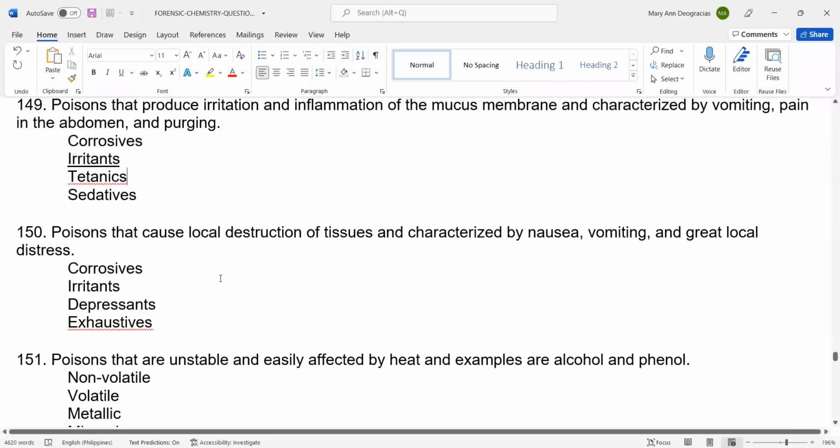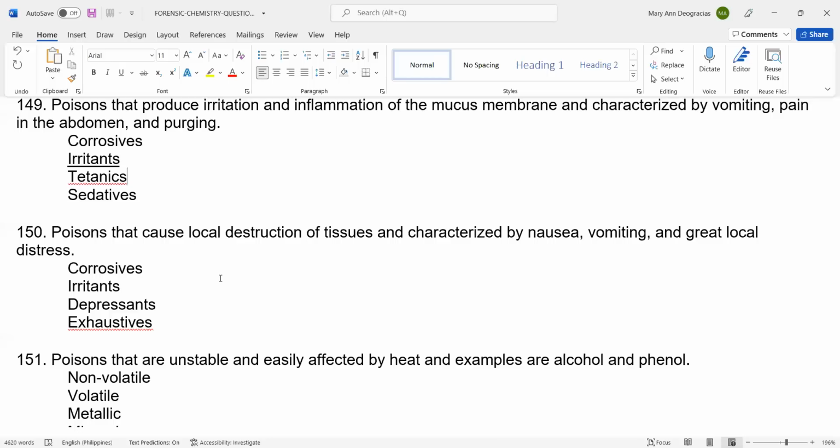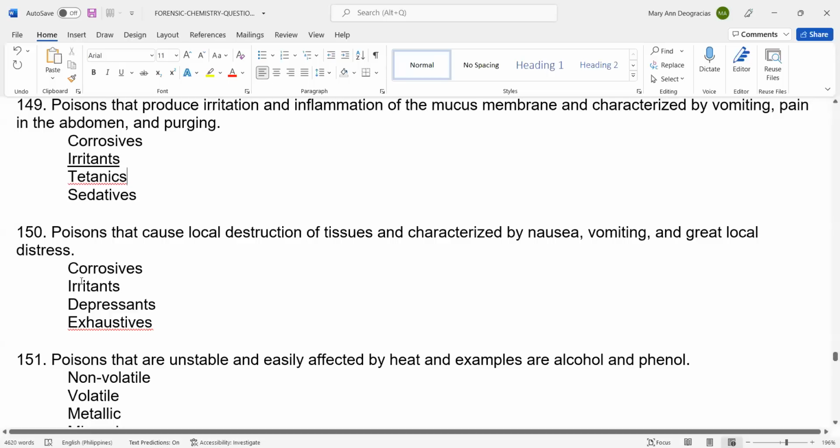Poisons that cause local destruction of tissues characterized by nausea, vomiting, and great local. Ito yung corrosive. So baka pagpalitin nyo si irritants tsaka si corrosives ha. Pag may nausea yan, nahihilo, tapos bumabaliktad ang sikmura doon sa irritants. Dito talagang diretso vomiting yan. Then panghihina ng katawan. So that's corrosives.